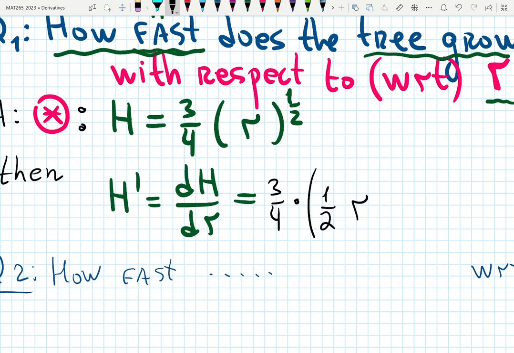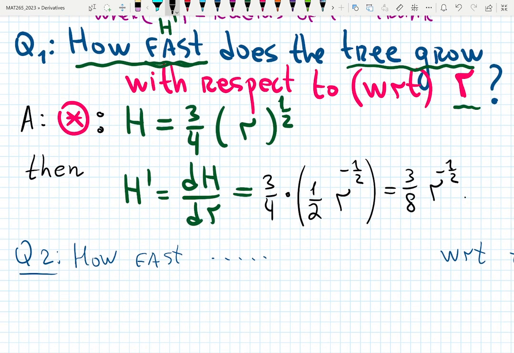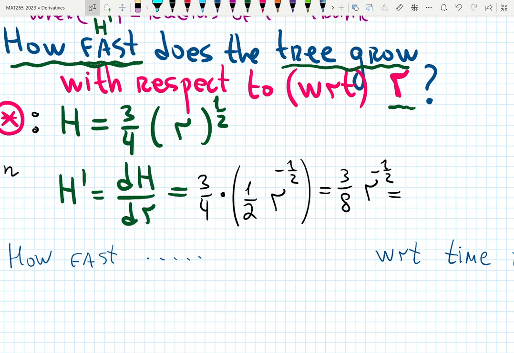R to the, do it by the power rule and then you simplify, right? So you can simplify to 3/8 r to the negative 1/2, or 1 over square root of r. If you want that, I don't mind. 3 over 8 square root of r. I like the previous answer more, but whatever.